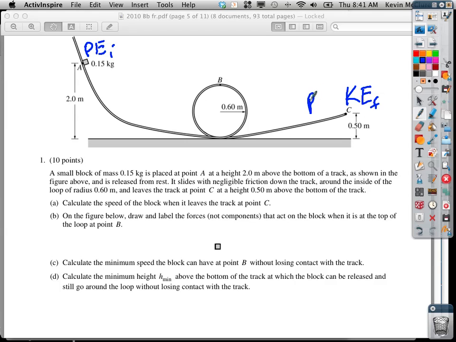Because this also has a PE final, from here to here. But if you go like this and use H as 1.5 meters, then you don't have to worry about that one. You see what I'm saying there? Since this is 0.5 meters above the ground, if you go ahead and say, I'm just going to use this height right there for my PE initial, then you're good.